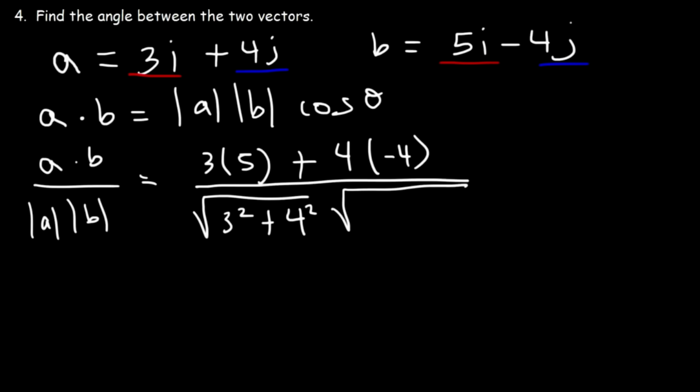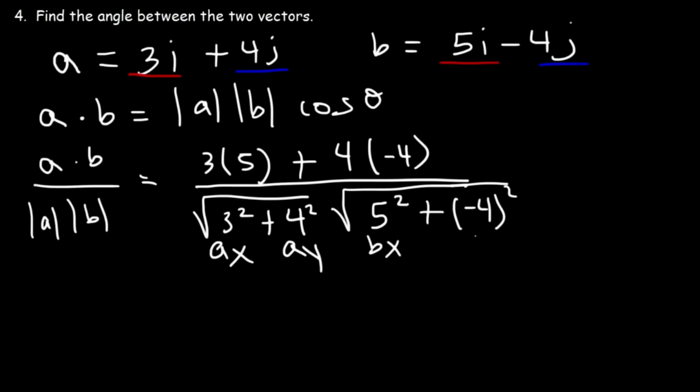I meant to say AY, not BX. And the magnitude of B is going to be the square root of BX squared plus BY squared. So this is AX, this is AY. 5 is BX, and negative 4 is BY. Just to make sure everything is clear.